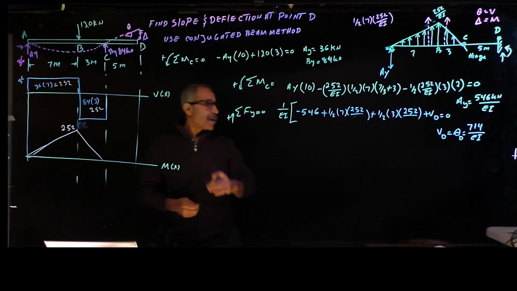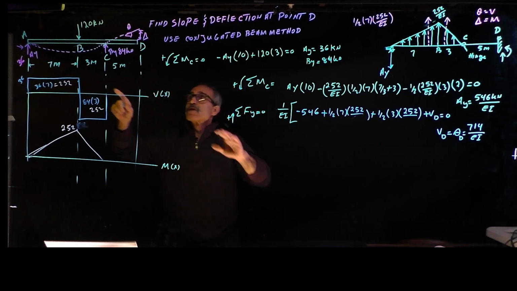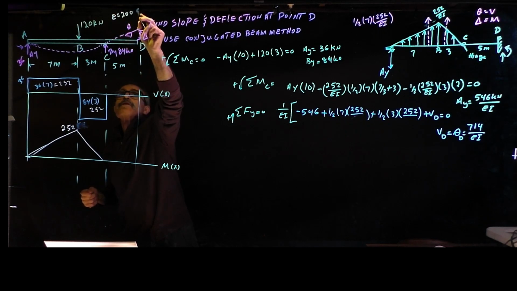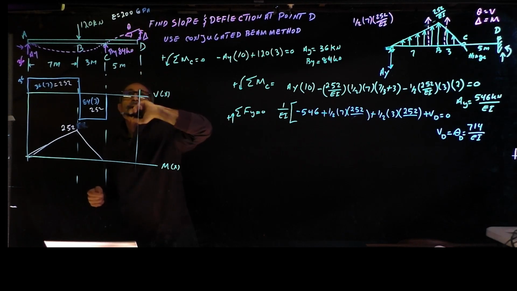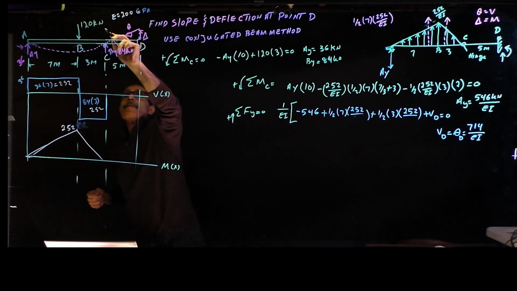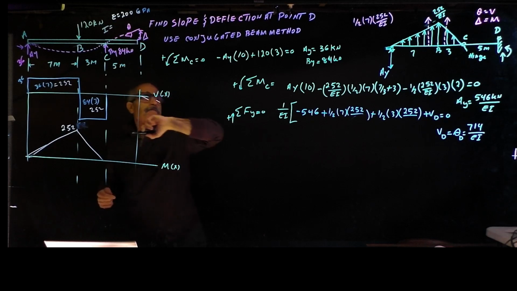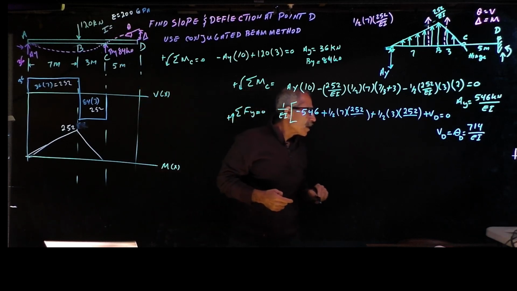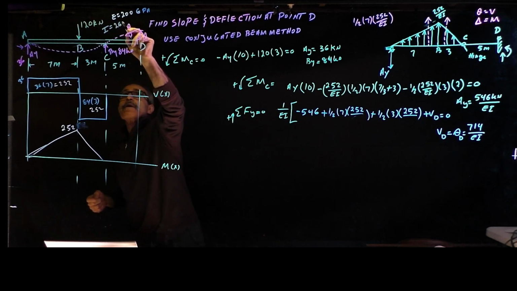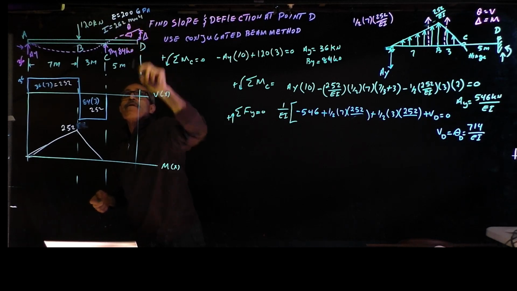So in this problem, we don't have an EI. So E is 200 GPa, kilopascals, and I is constant of 262 millimeter to the power 4.